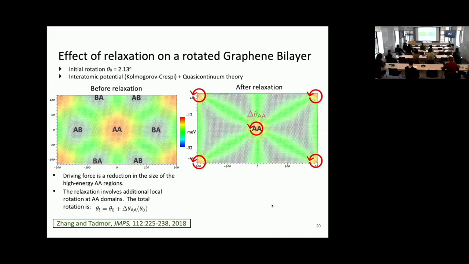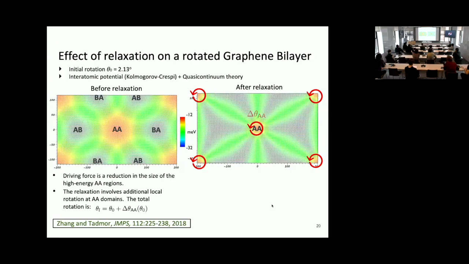And this is at a rotation of 2.13 degrees. You do see, without relaxation, AA regions, AB regions, and the boundaries between them. But upon relaxation, the AA regions, which are the high energy stackings, shrink very significantly. The AB or BA regions, which are equivalent, increase in size very significantly. And of course, you can't avoid the boundaries between them.